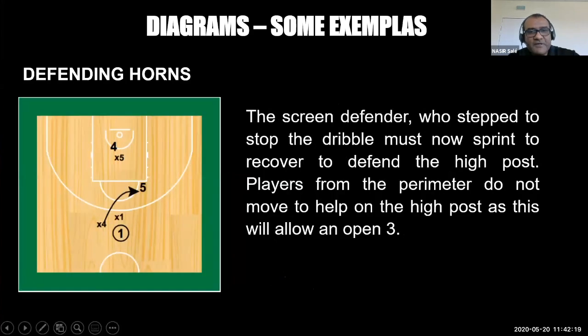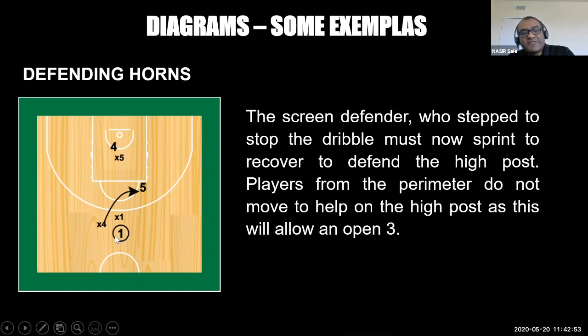We continue with the same diagram, but we talk about the switch in defense. The 5 comes to close the high post zone on the 4, and the 4 goes to the 5, and we must change the situation for the high posts, and we control in defense the players on the one with the ball.